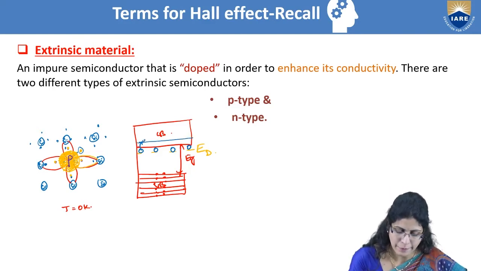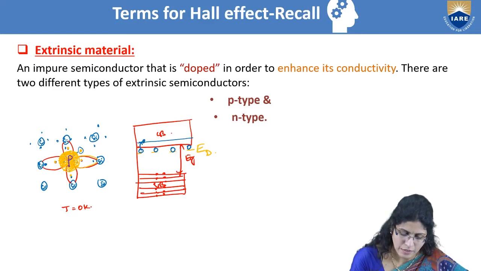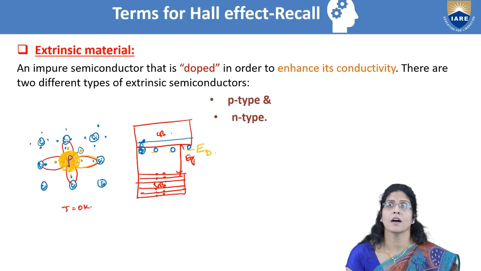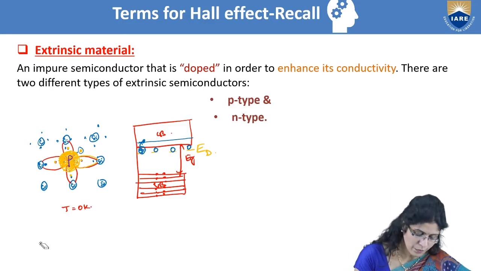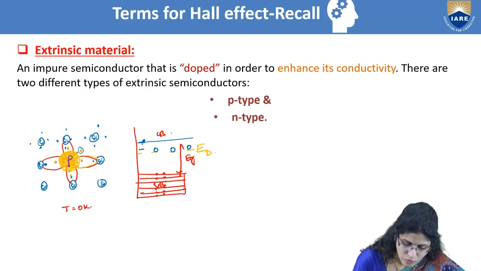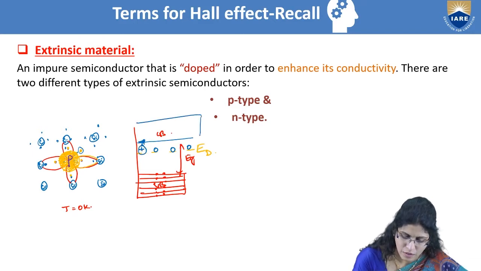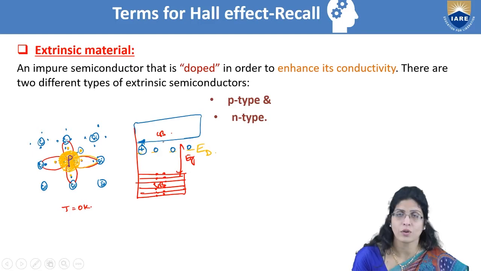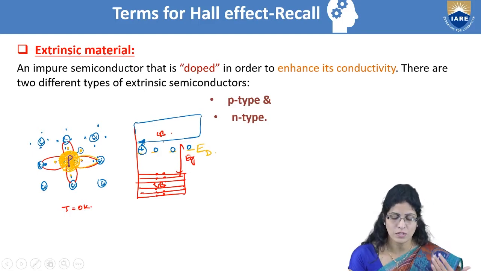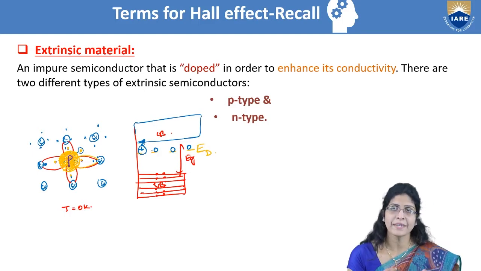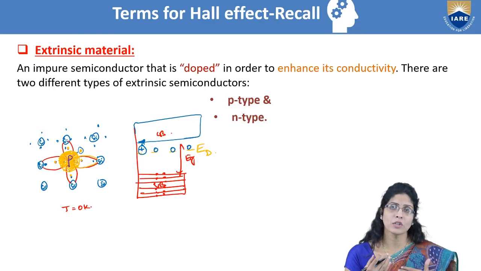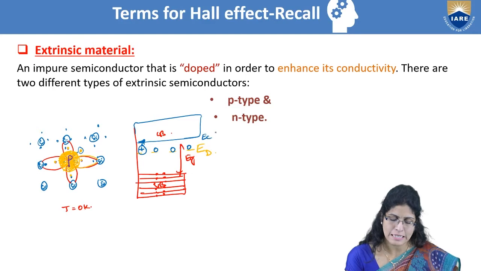In the conduction band, this electron will go and sit here, and this will turn into a positively charged ion after donating its one valence electron. As you still raise the temperature, the electron transition is taking place between ED and EC.